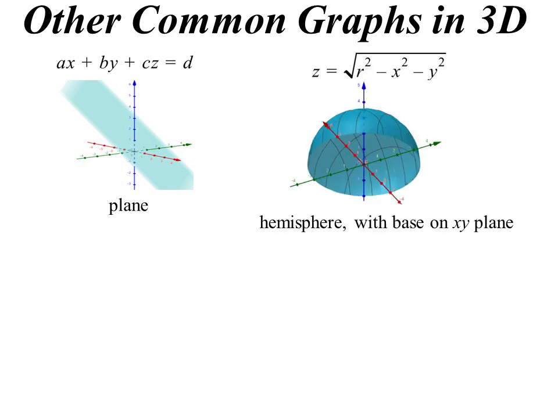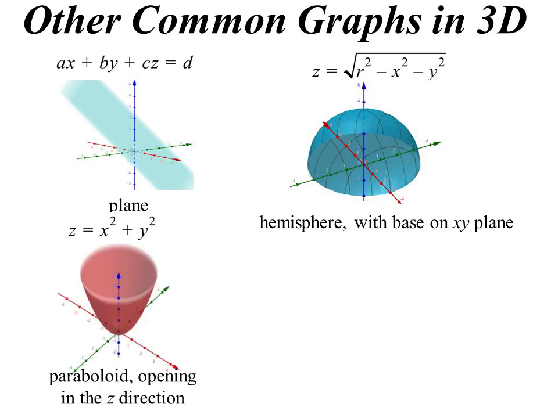A hemisphere would look like this: z equals the square root of r squared minus x squared minus y squared. Now that's a hemisphere that sits on the xy plane, hence why it's minus x squared minus y squared. If it sat on the yz plane, then you'd see minus y squared minus z squared. And so a paraboloid. A parabola, we know, is y equals x squared.